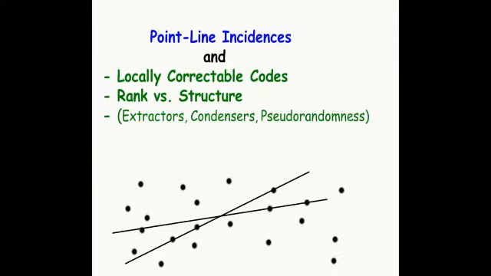Okay, so the last one, I made sure that it will be short. I want to tell you about a different kind of problem. These are really the most basic problems in geometry. They are about incidences of points and lines.